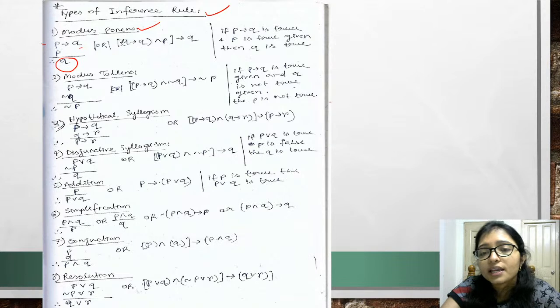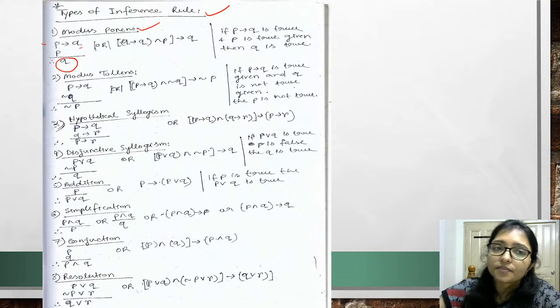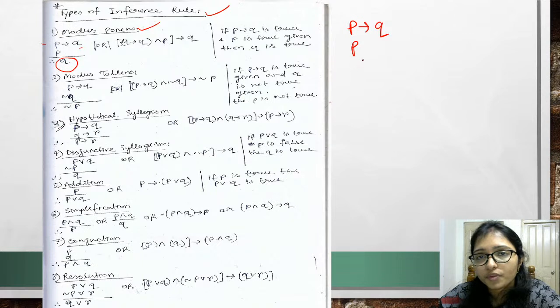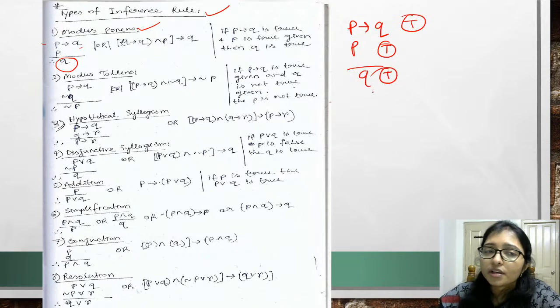Any doubt here? If you have any doubt, then ask me, I will discuss, otherwise I will move to the next. First one, how is it coming? P implies Q is given, and P is true. So what will be true? P implies Q is true and P is also true, then definitely Q will be true, right?